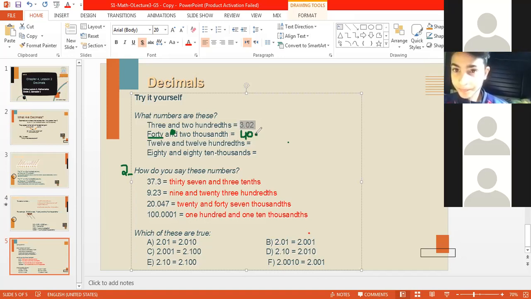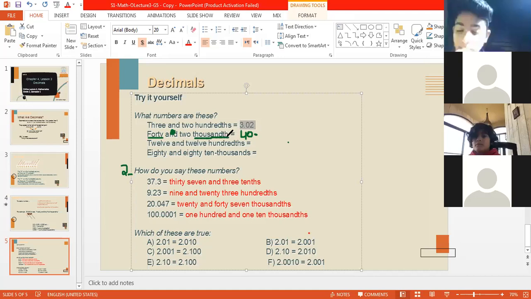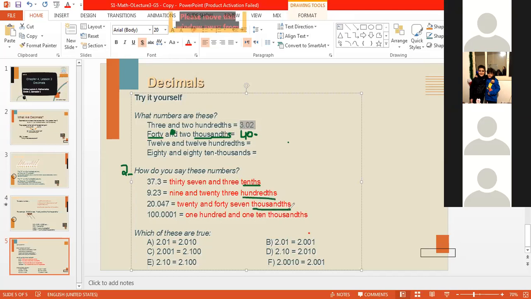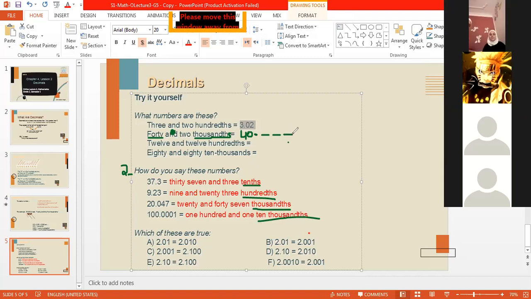Point. Before I start writing, look at the last word. What's this word? This word is very important here. Right? Thousandths means how many digits after the point? 3. Bravo. So I put dash dash dash, meaning I have 3 digits.